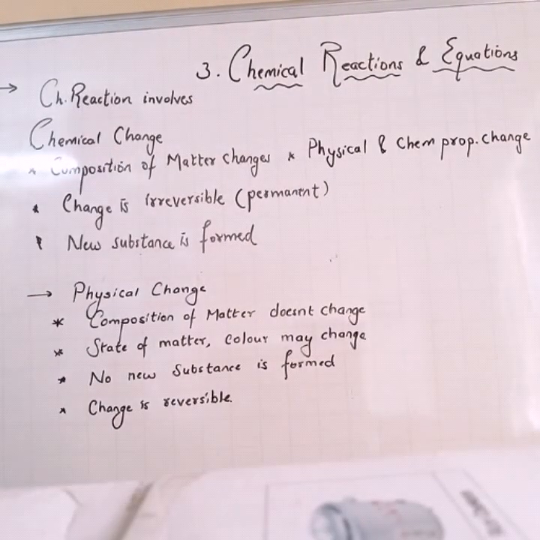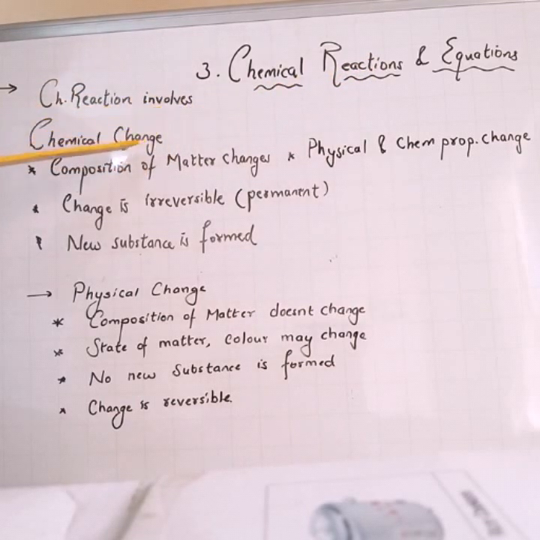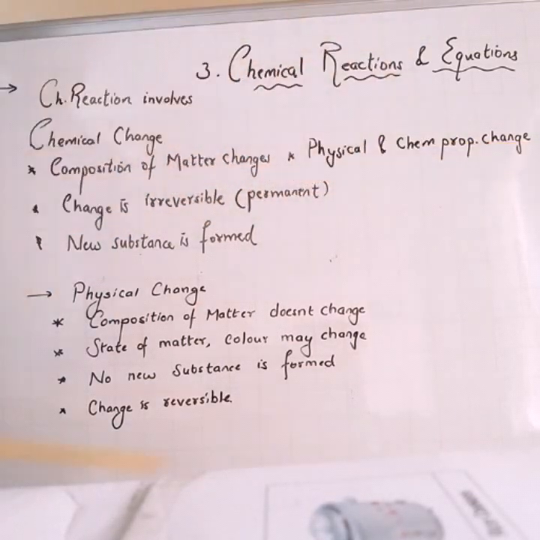So look at the board. A chemical reaction involves a chemical change. Understand this. When we talk about chemical reactions, it will involve a chemical change. The composition of matter changes, the physical and chemical properties of the substance change. The change is irreversible, right? The new substance is formed in a chemical change.